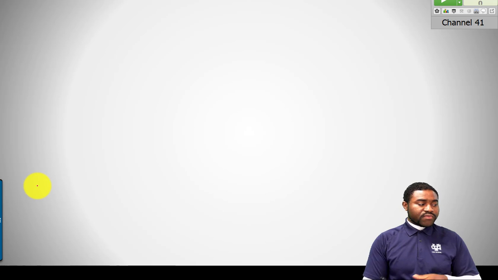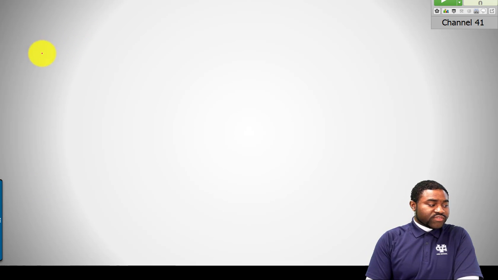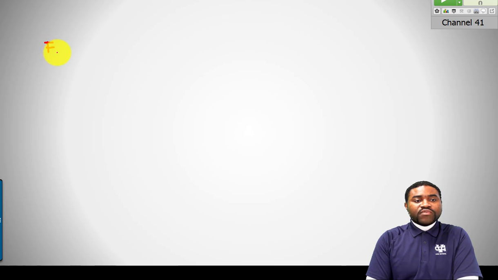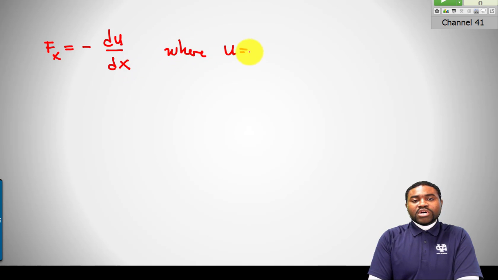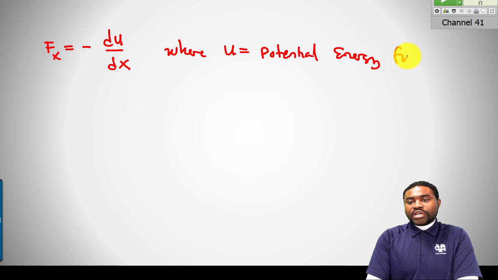Now take note that for a conservative system, F sub x is equal to negative dU/dx, where U is the potential energy. I prefer to call it the potential energy function.